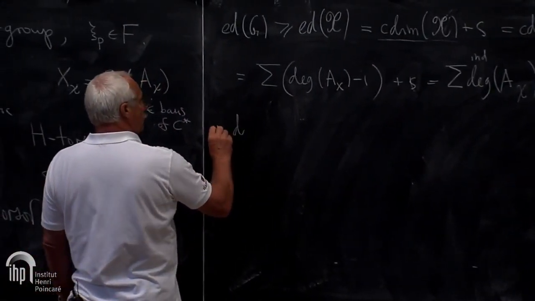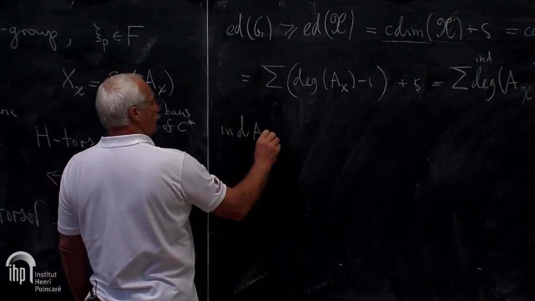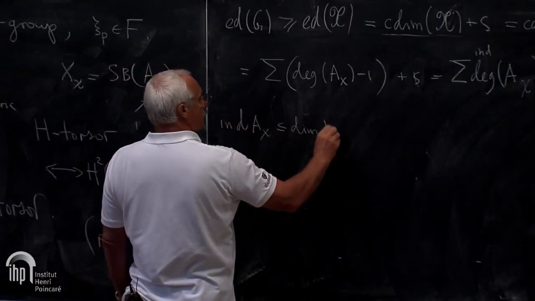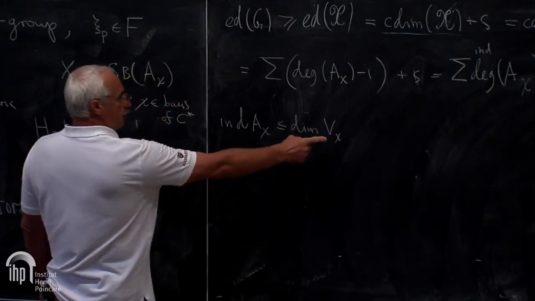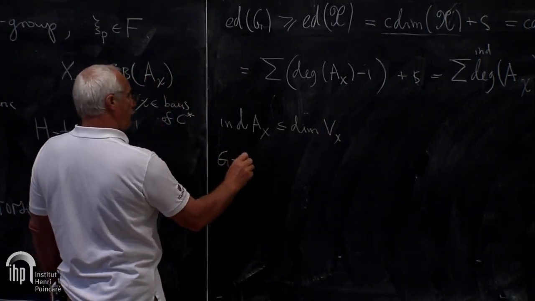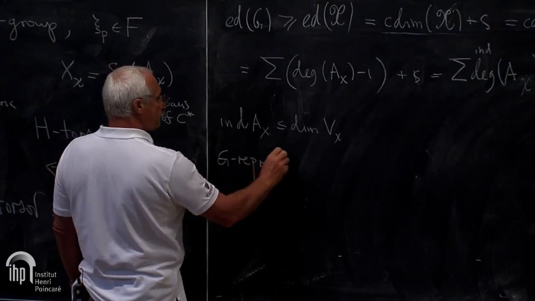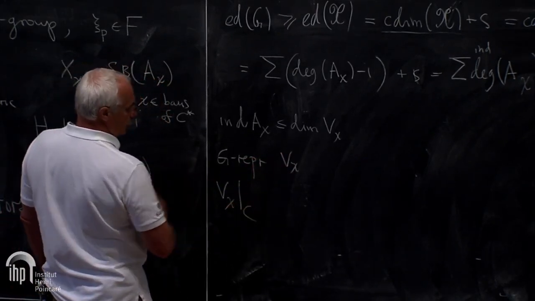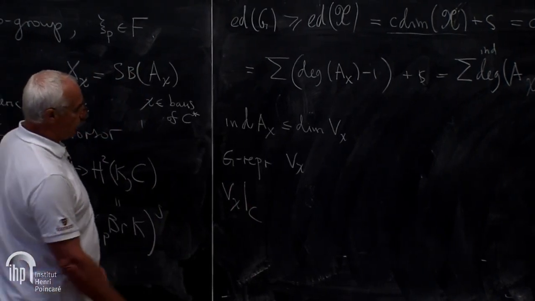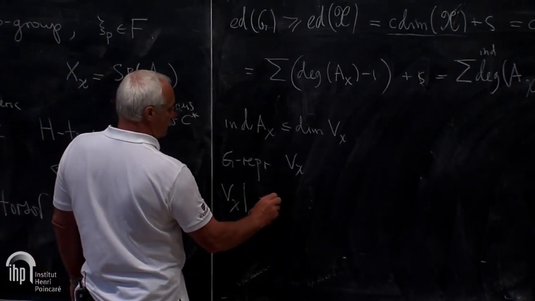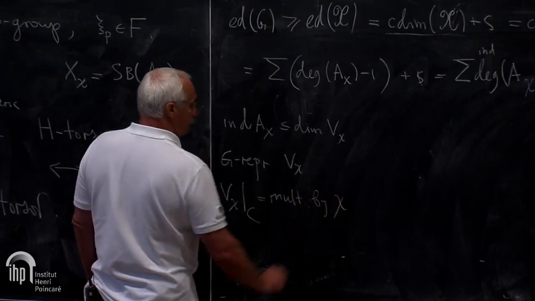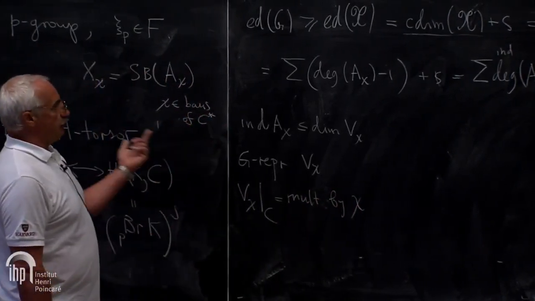The index of the algebra is always at most the dimension of a representation V_chi. It's a representation of the group G, such that when you restrict this representation to the subgroup C, the circle, it's given by multiplication by the character chi. It's an upper bound. We need a lower bound.